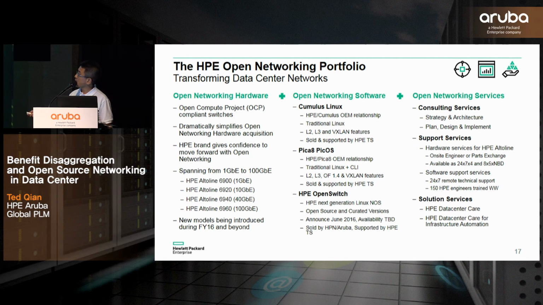Then on the open network operating system side, we have already certified Cumulus, PK8 OS and the HPE brand OpenSwitch. Later on, we will certify some other vendors based on the OCP standard operating system.